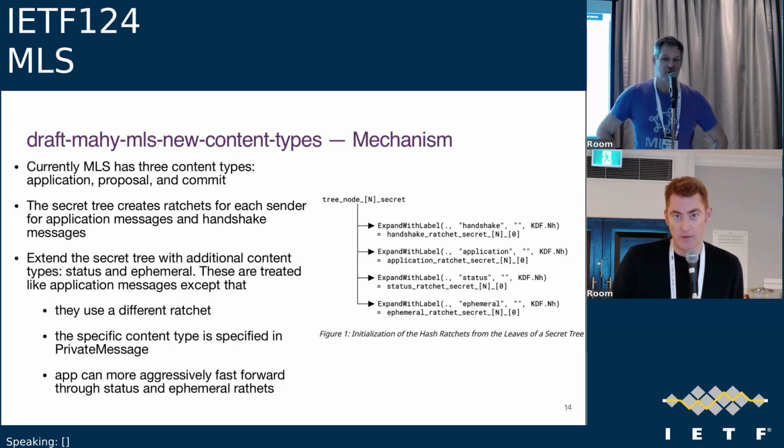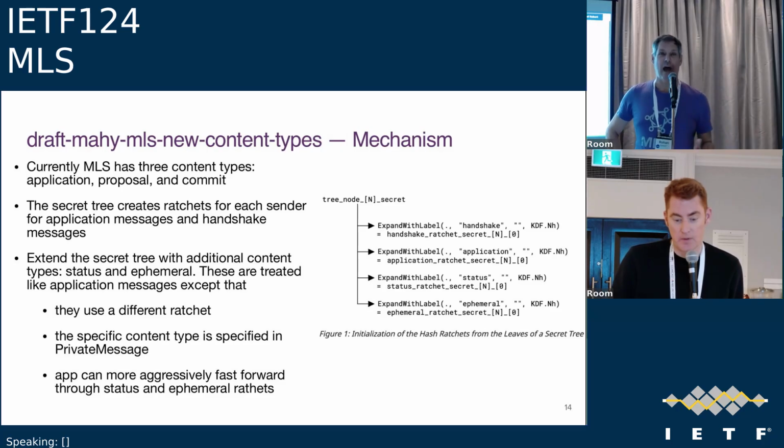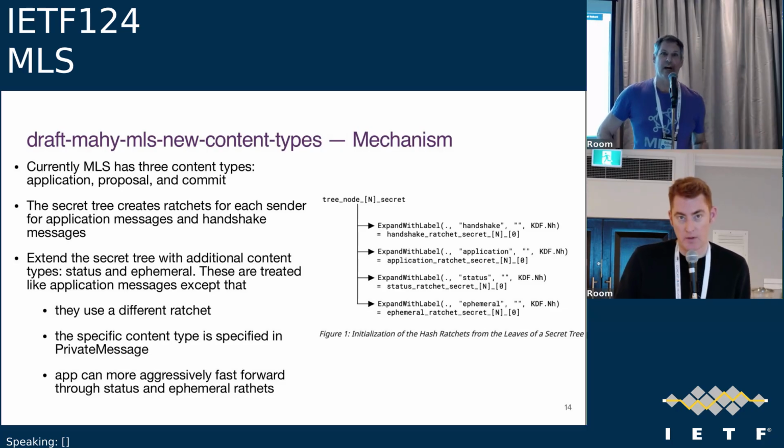And it says whatever that setting is, if you were about to fast forward past that, send a new commit, so you never exceed that number. Fast forward as a sender, you mean? Fast forward as a receiver.